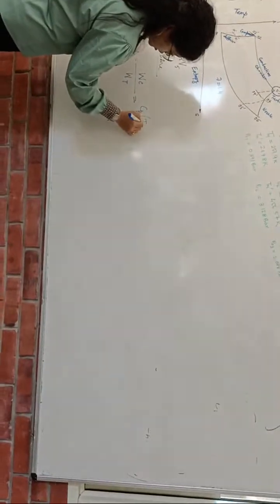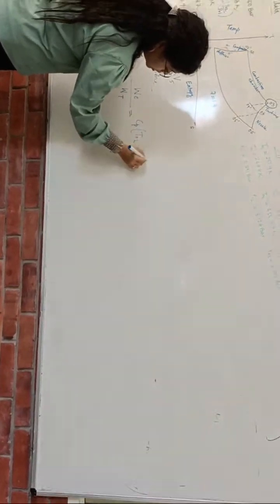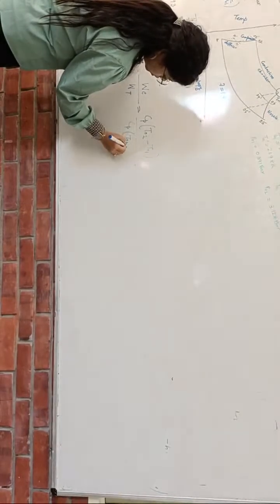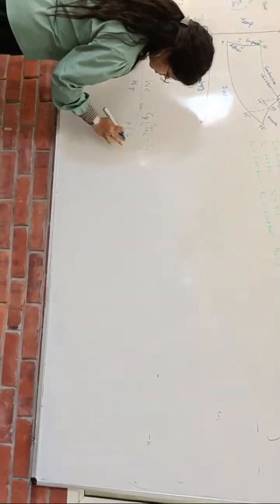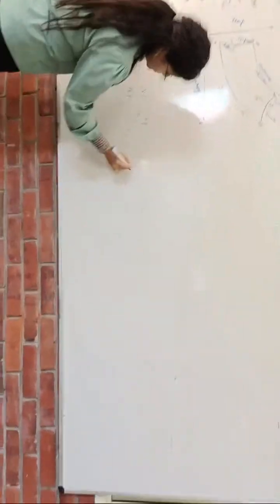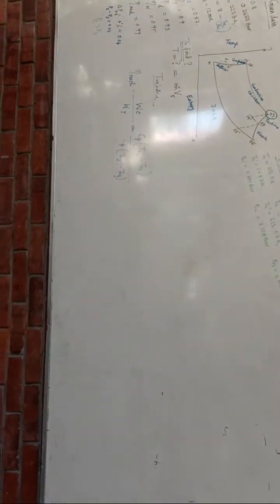Cp(T02 minus T01) by Cp(T03 minus T04), because 3 is the higher one. If you don't know this formula, you have to remember it.